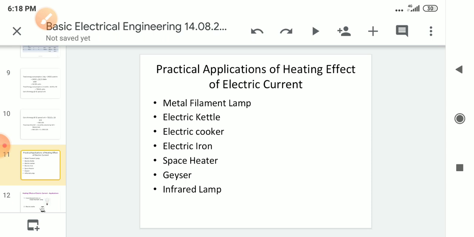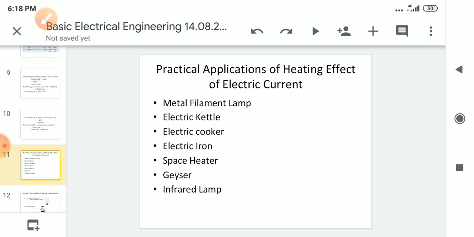All these appliances contain high resistance coils, which are made of nichrome. This effect is also utilized for industry purposes, like heating, welding, space heating, like that.